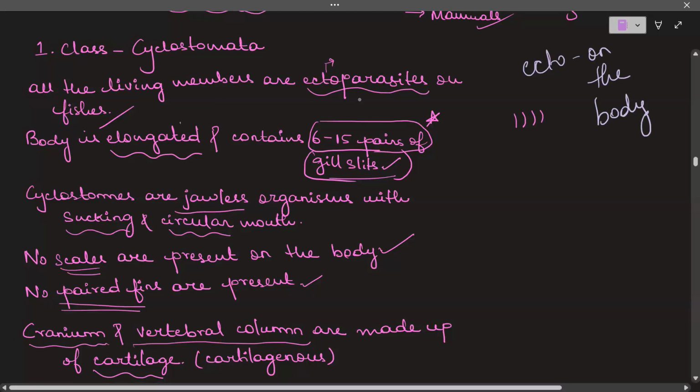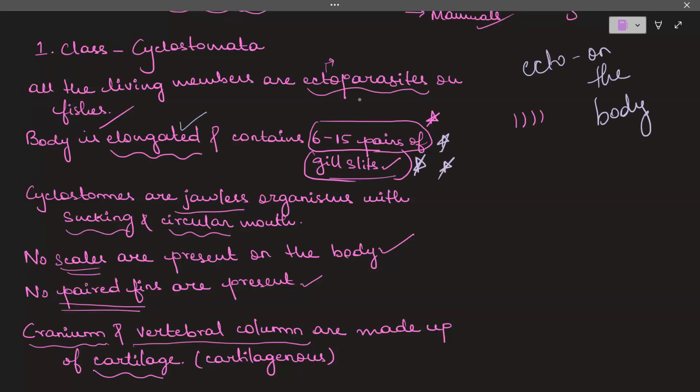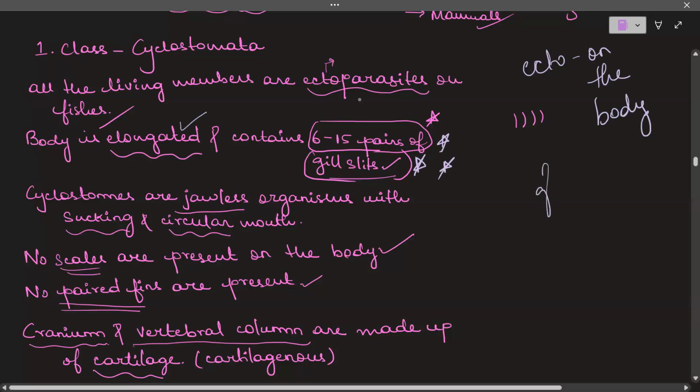Their body is elongated and they contain 6 to 15 pairs of gill slits. Very important, this part. Many times it is asked in the question. Remember that gill slits does not mean that it is real gill. They are partial structures, not exactly the gills.